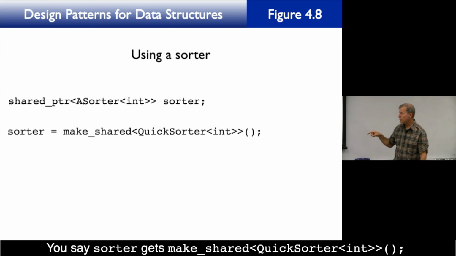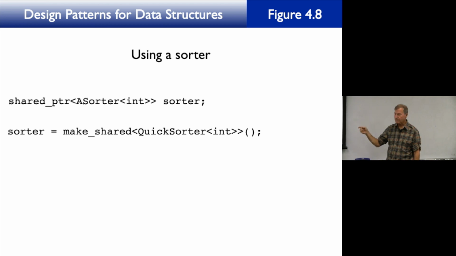And then what you do is you say sorter gets new quick sorter int. So now here's the question. After we do sorter gets new quick sorter int, so that int is the actual parameter of the C++ template, so now we are sorting integers, right? My question is, trick question, what is the type of sorter? Is sorter an abstract sorter, or is it a quick sorter? Trick question.